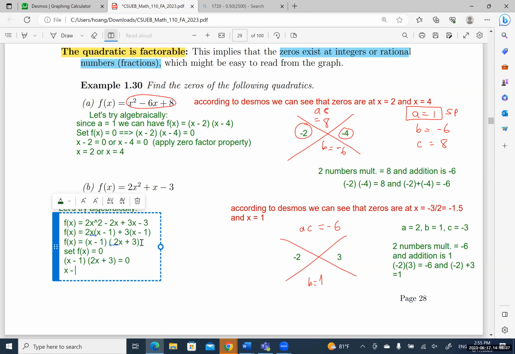That means x equals 0, or x minus 1 equals 0, or 2x plus 3 equals 0. So x equals 1, or x equals negative 3 over 2. So there are two zeros that we need for this function.